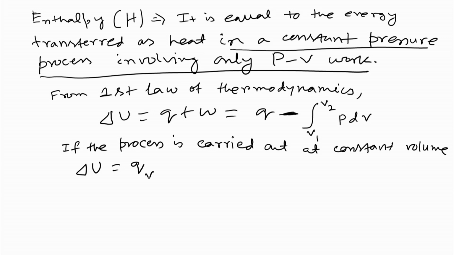The subscript V stands for constant volume process. So, constant volume means V1 equals V2, there is no volume change in that process. Okay, so we can calculate internal energy change for a process by measuring the heat change, provided the process is carried out at constant volume. But we know that many of the chemical reactions are carried out at constant pressure.